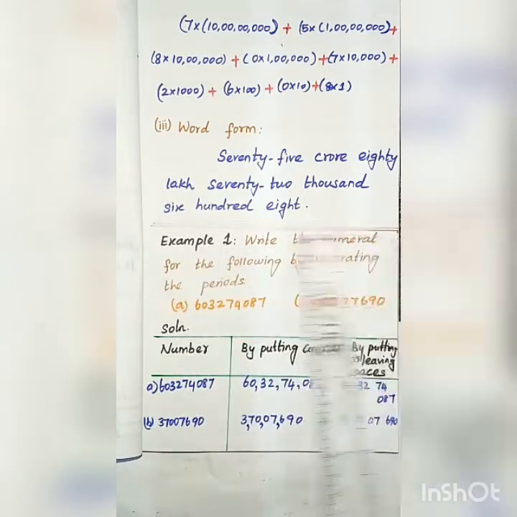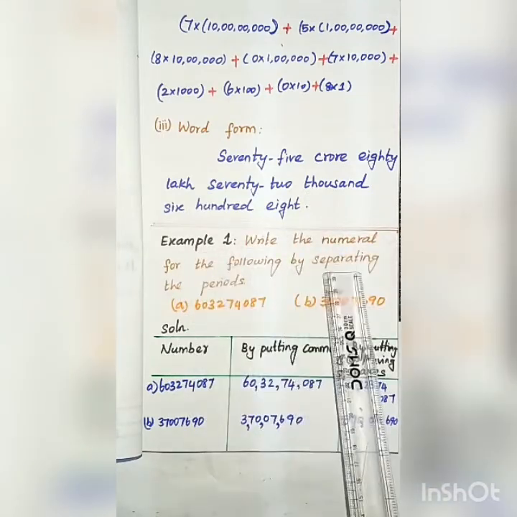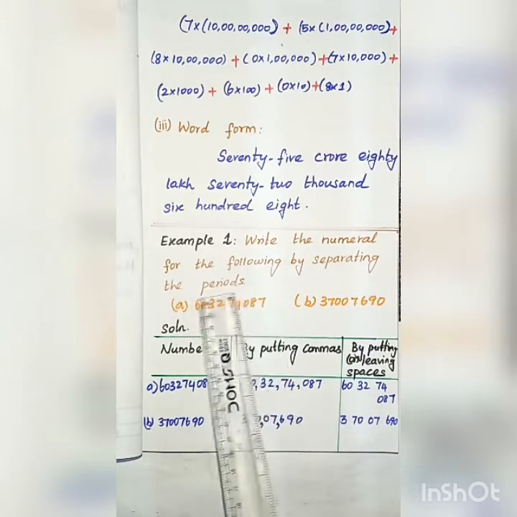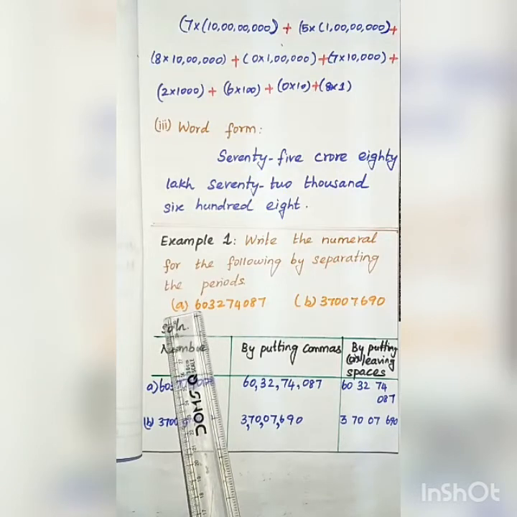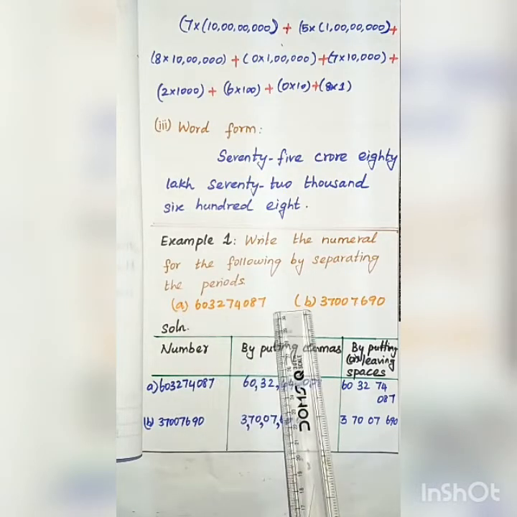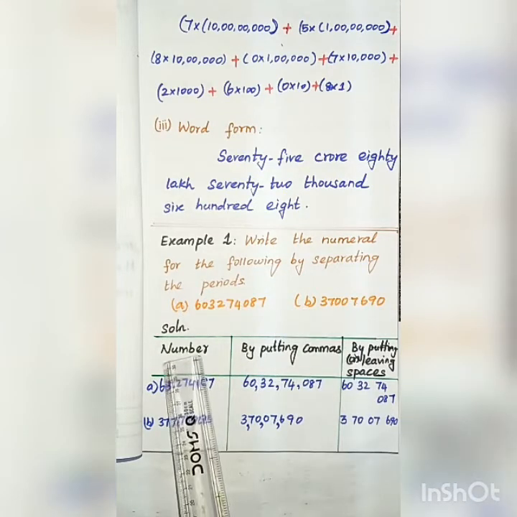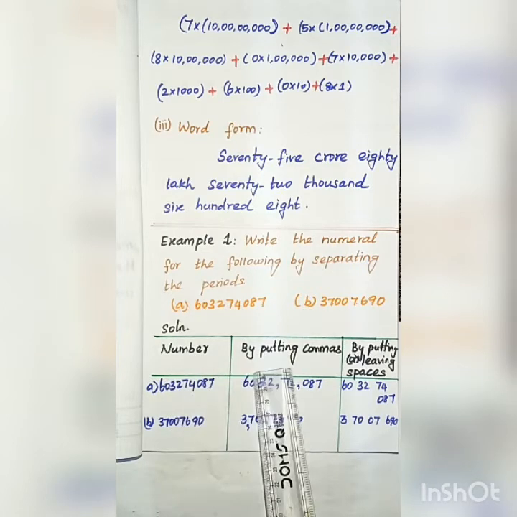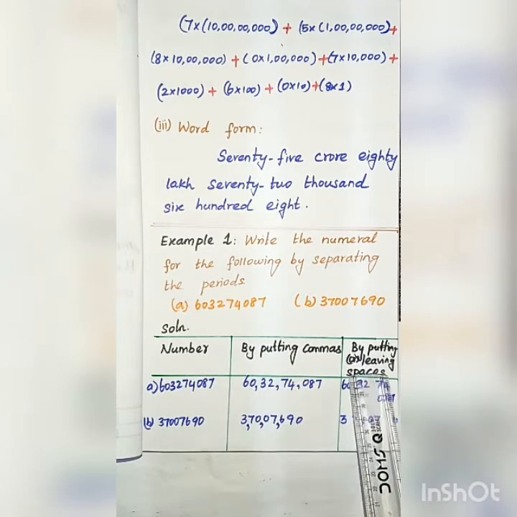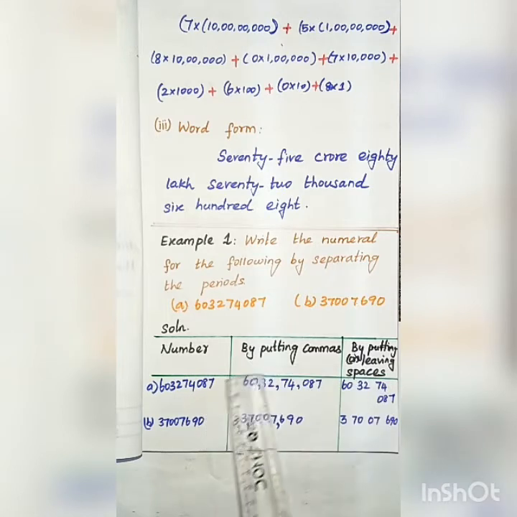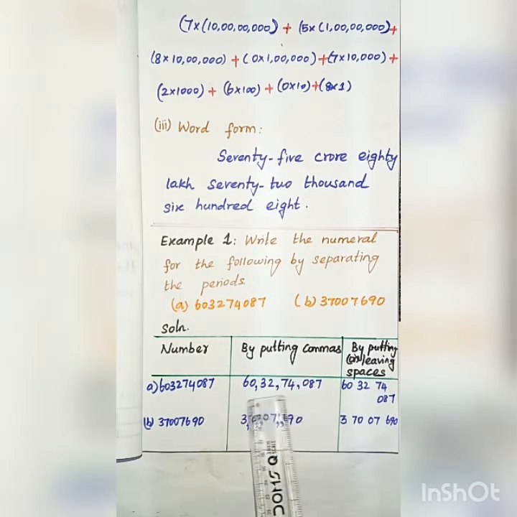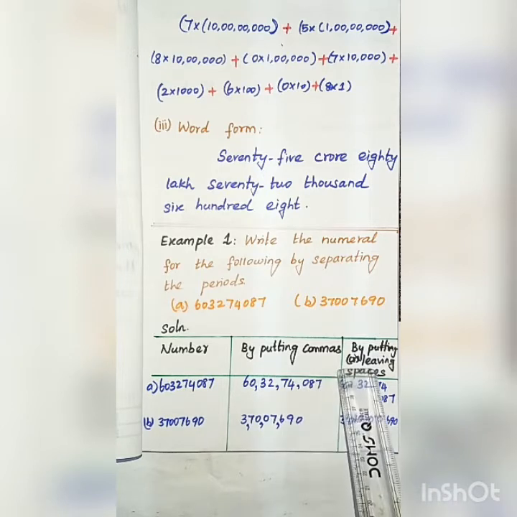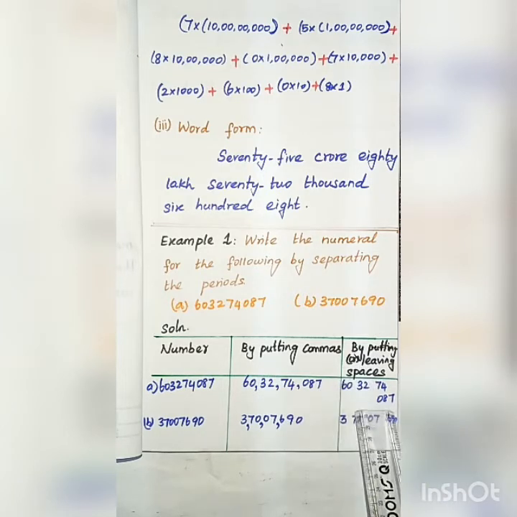Let us see example 1. Write the numeral for the following by separating the periods. Here you have been given numbers with periods. First, the solution: write the given number by putting commas, by leaving spaces according to the period.